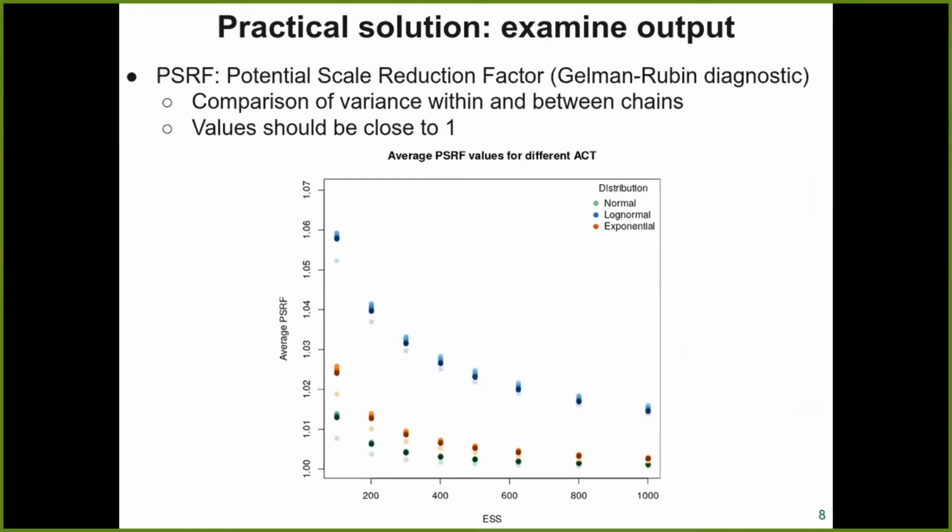The potential scale reduction factor is a test from the statistical literature, which compares the variance within and between chains, and the values should be close to 1. So here, as we see in the figure, as we increase the number of samples, the PSRF approaches 1.